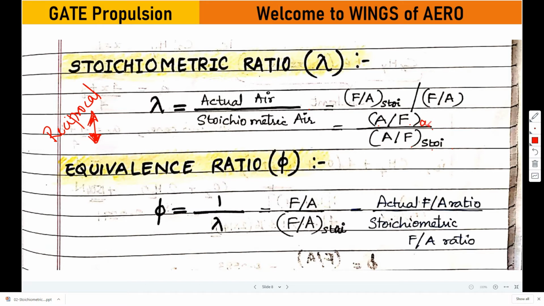This is the actual and this is the stoichiometric. Then, since they are reciprocal of each other, the equivalence ratio phi can also be written as F by A, the fuel to air ratio, divided by the fuel to air ratio of stoichiometric.